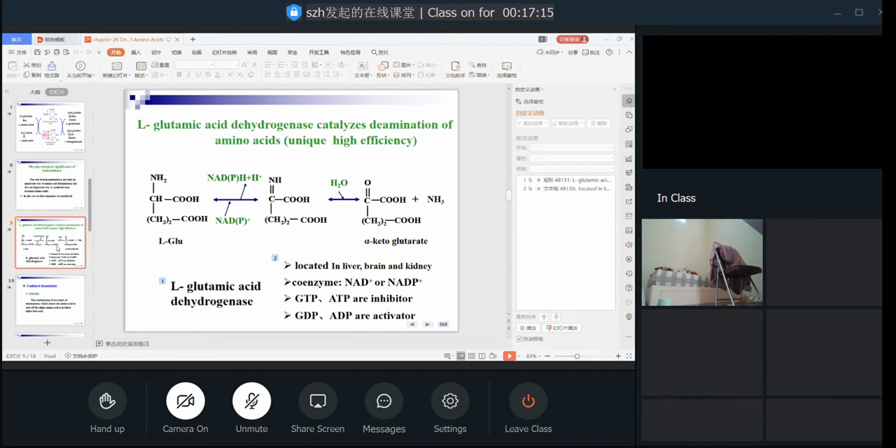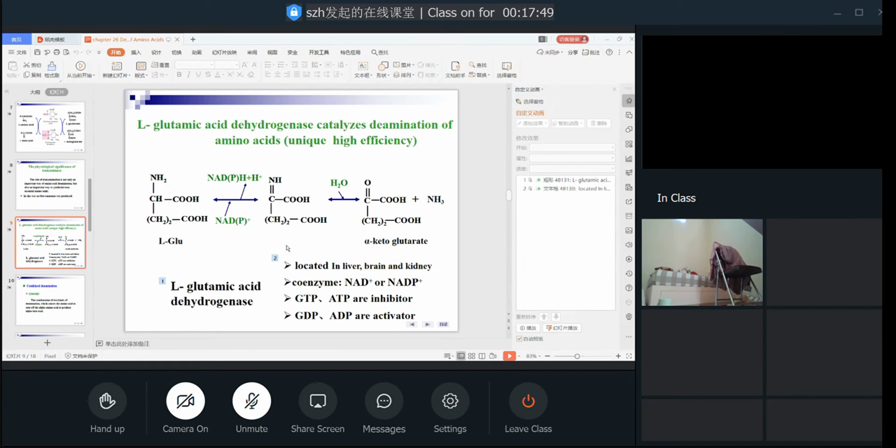Here you can see glutamic acid dehydrogenase makes the deamination of the amino acid. Glutamate can be converted to alpha ketoglutarate.